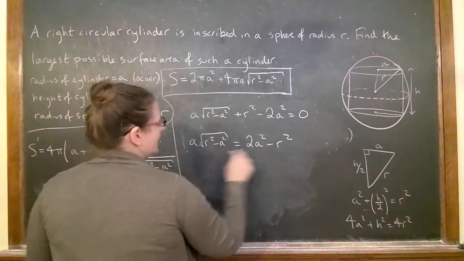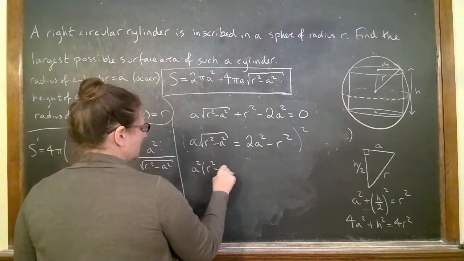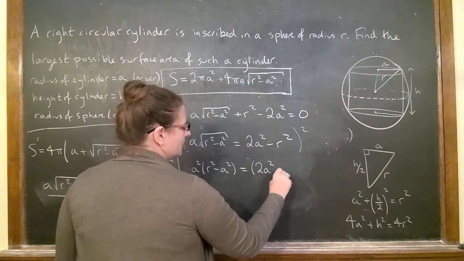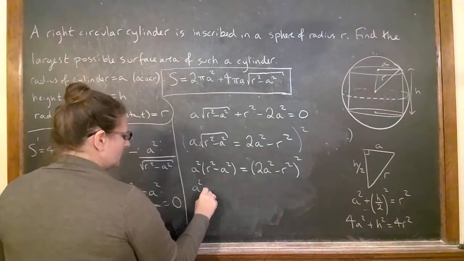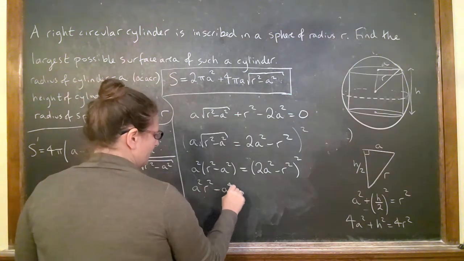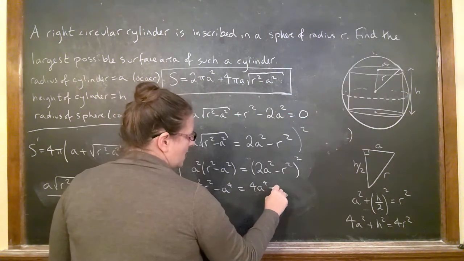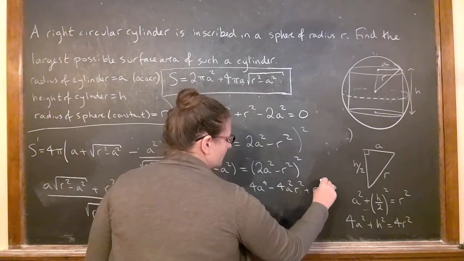So I square both sides. I'm going to get a squared times r squared minus a squared is equal to 2a squared minus r squared quantity squared. So this is a squared r squared minus a to the fourth is equal to 4a to the fourth minus 4a squared r squared plus r to the fourth.